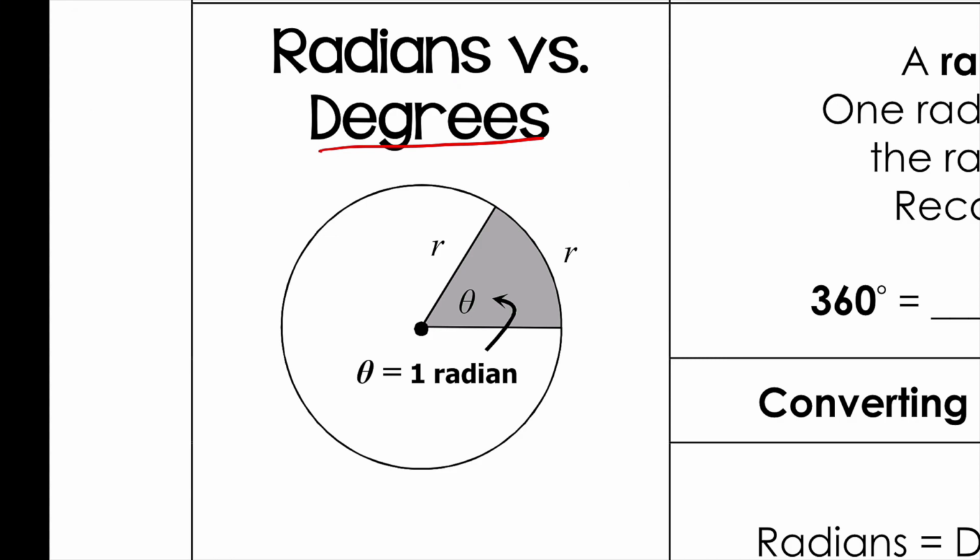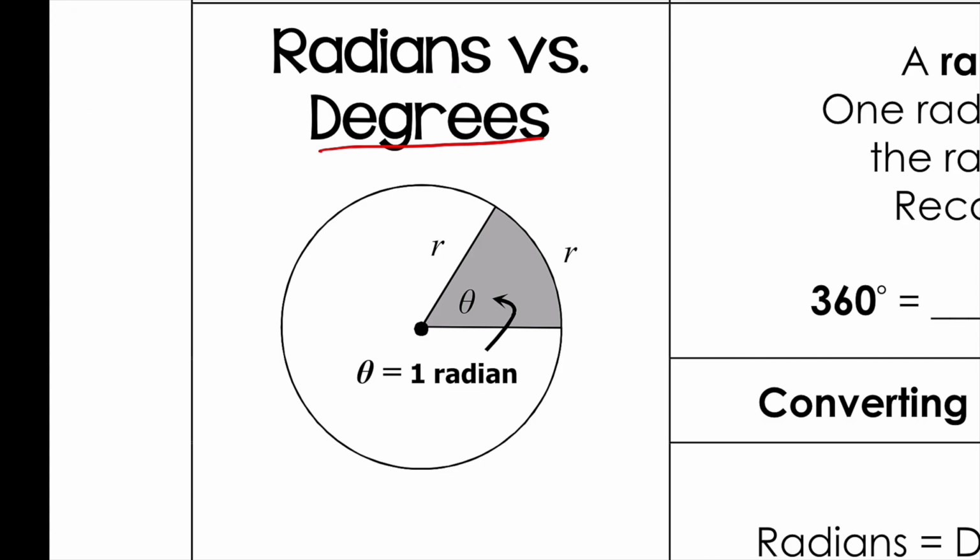But mathematicians wanted to be a little more mathy, right? And they know that pi, 3.14159..., is the ratio when you look at circumference and diameter. And so with pi, they wanted to make a more mathy way of measuring angles. So they came up with radians. So this is basically what a radian is.